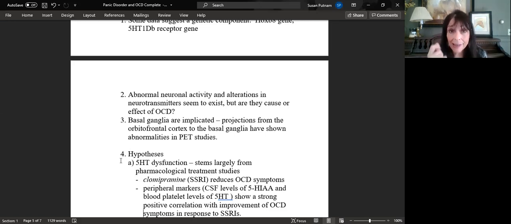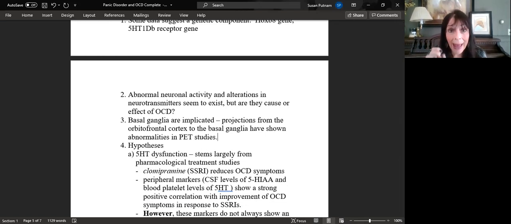And they seem to be abnormal in many individuals when PET studies are conducted. So, if you think about some of the ritualistic behaviors and some of the more repetitive behaviors, I think this makes sense.